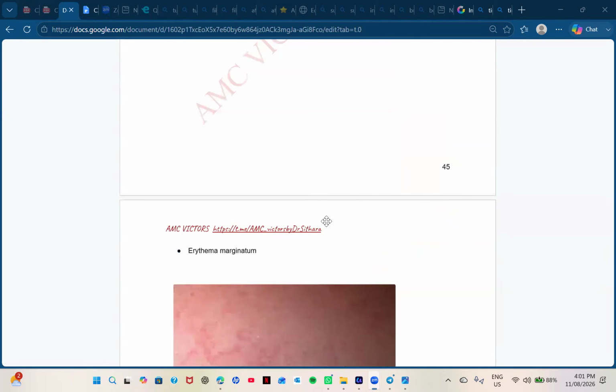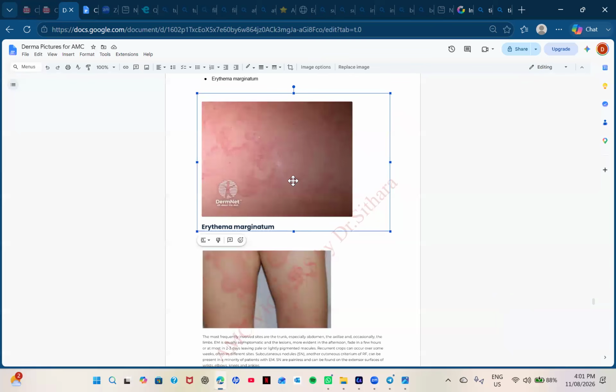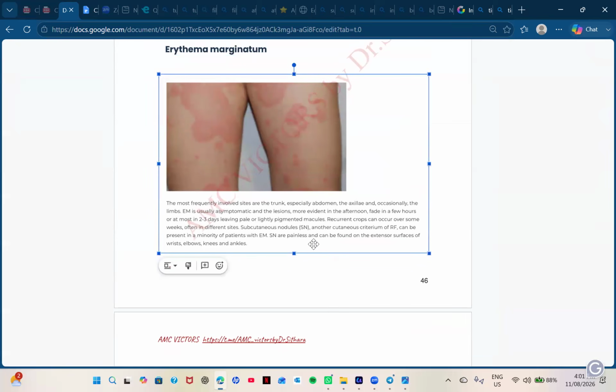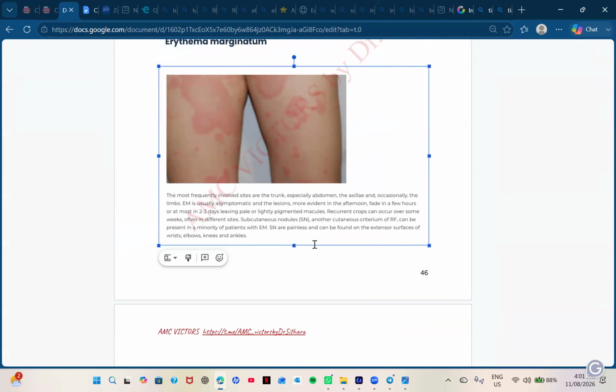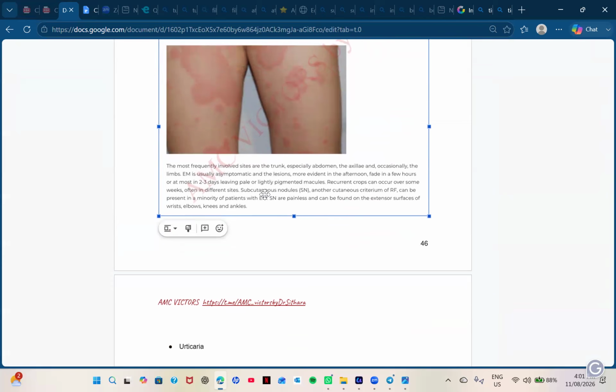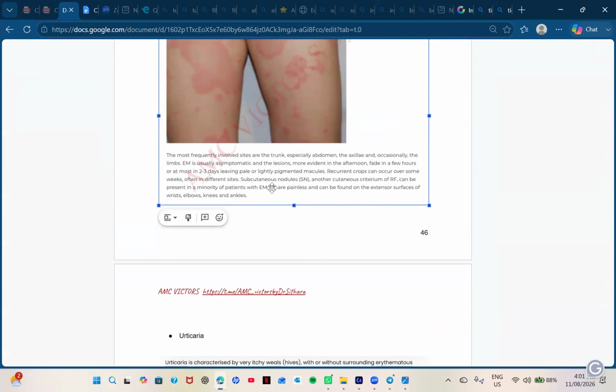Then what do you know about erythema marginatum? The most frequently involved sites are the trunk, especially abdomen, axillae, and occasionally the limbs. It is usually asymptomatic, and the lesions are more evident in the afternoon, fading in a few hours or at most 2 to 3 days, leaving pale or lightly pigmented macules.